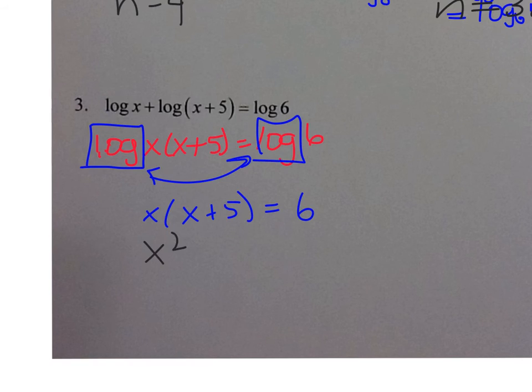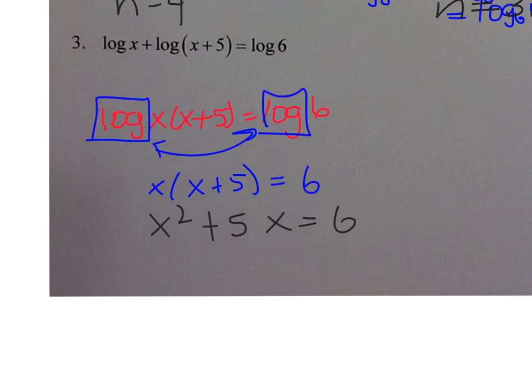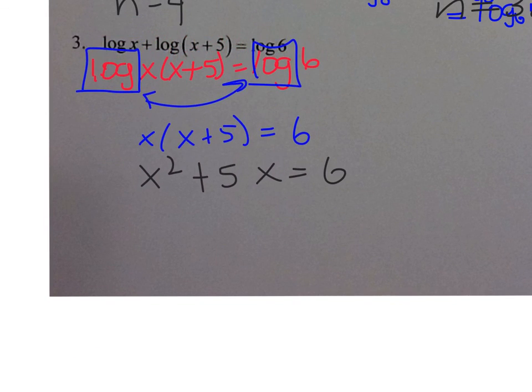All right, so we're going to distribute. We get x squared plus 5x is equal to 6. Minus 6 from both sides. So we get x squared plus 5x minus 6 equals 0. We're going to factor, master product. What multiplies to negative 6 and adds to 5 would be 6 and 1, positive 6x, negative 1x.